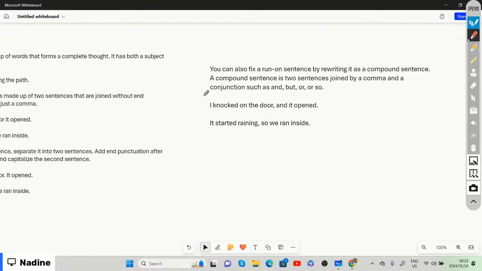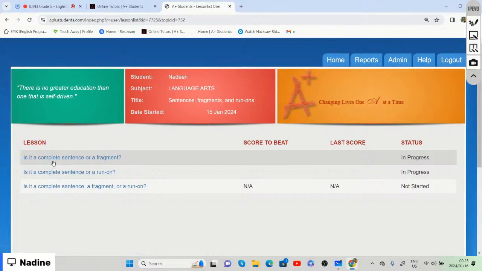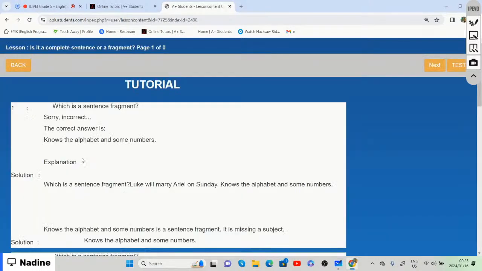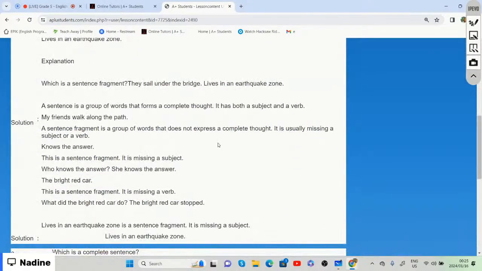So now we're going to aplusstudents.ca. And we're going to the first lesson that says, is it a complete sentence or a fragment? And we said a sentence is a group of words that forms a complete thought.